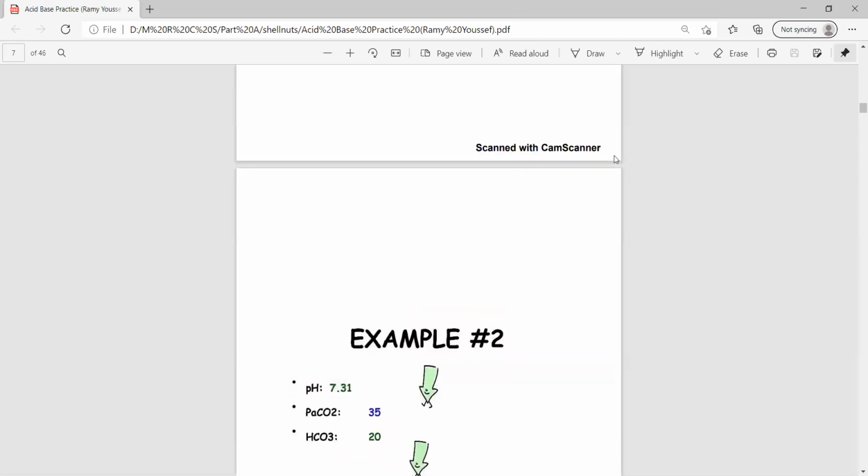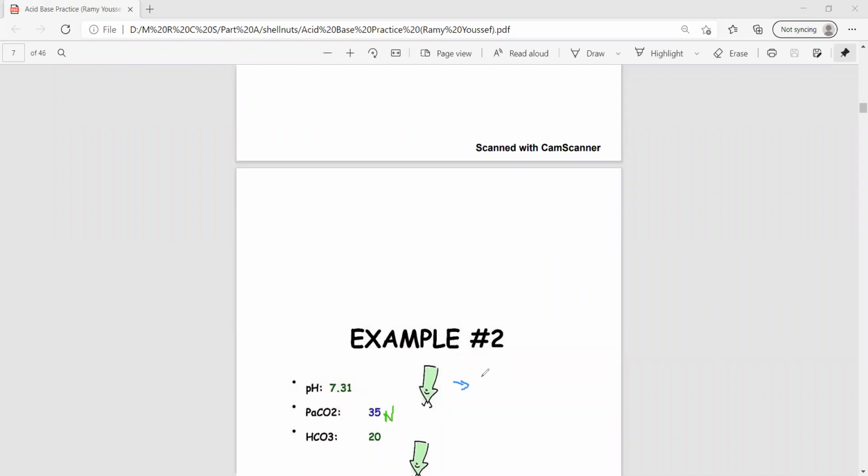Who can say this? The pH is 7.31, the partial pressure of carbon dioxide is 35, and bicarbonate is 20. What is this?